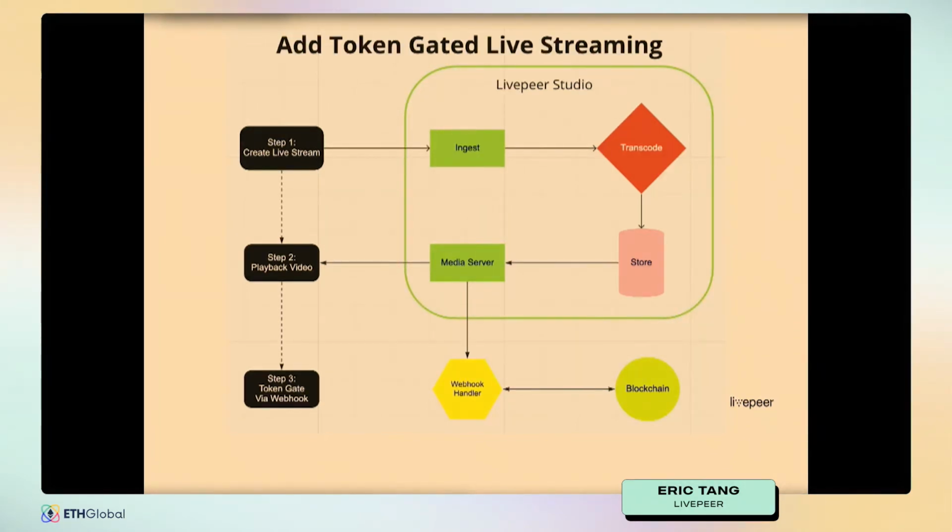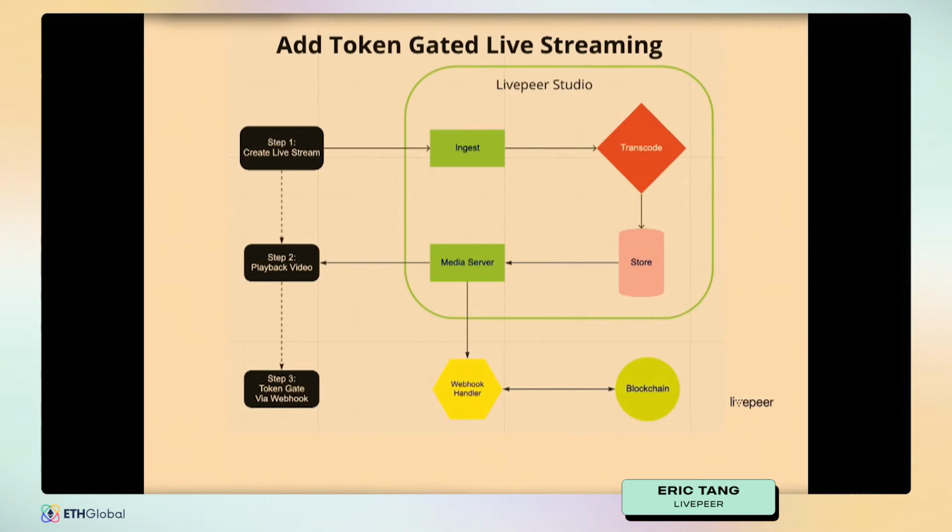So the way that works is you configure your live stream to be token gated, and when you ingest the video, it becomes playable. But every time anyone wants to watch the video, there is a webhook call that gets kicked off through the media server, and you can implement a webhook handler using any logic that you want, right?